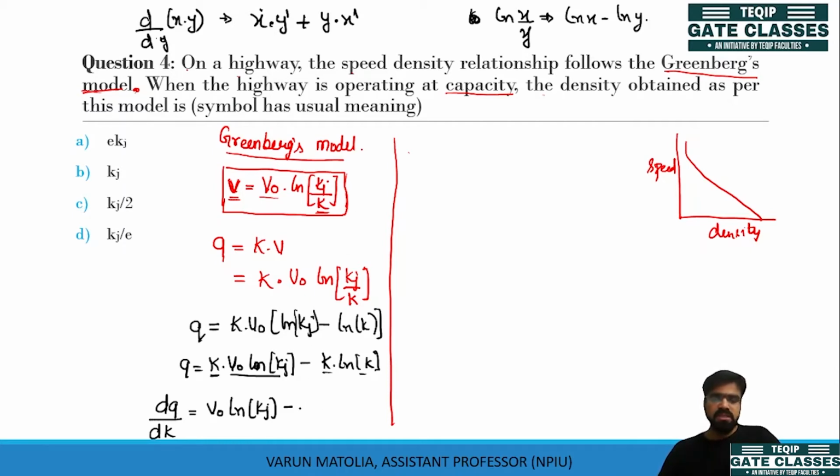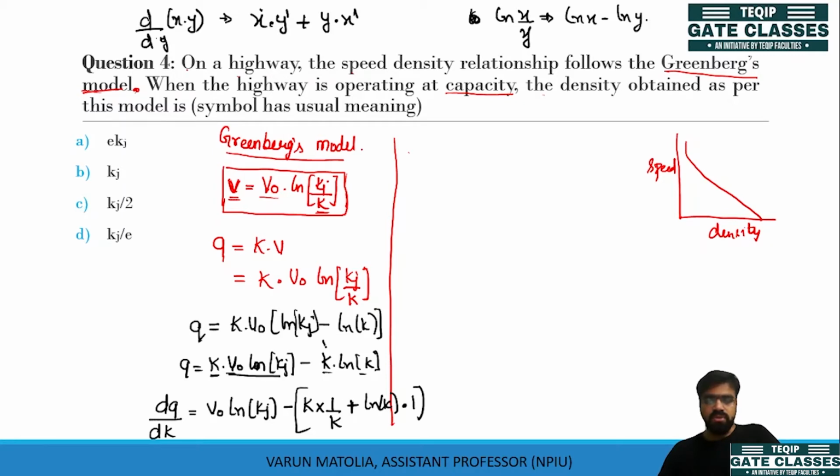So for this, k will be written as it is, multiplied by differentiation of log k, this is 1 by k, plus log k as it is, times differentiation of k, that is equal to 1. This is the equation which we get after differentiation. So this is V naught.